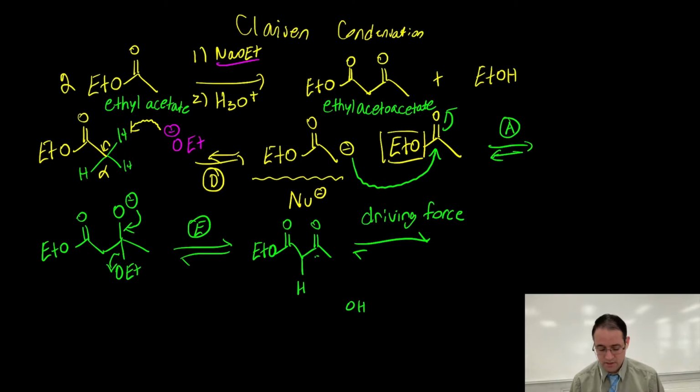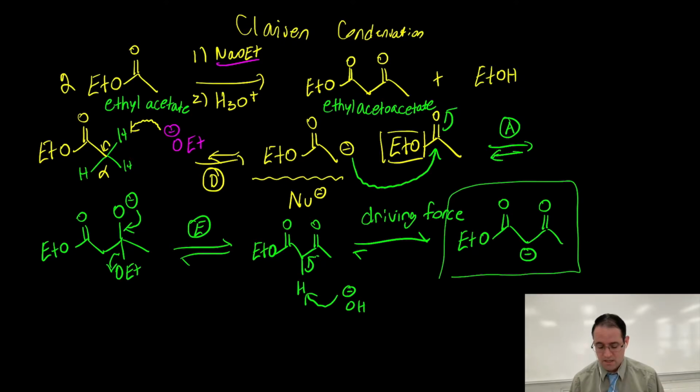Once the base comes in and sees this much more acidic hydrogen, it deprotonates, okay, to give you this guy here, okay? And this just is resonance stabilized. It's hanging out in the reaction and it just stays there, okay? So every time ethyl acetoacetate forms, the base deprotonates it, and you get this molecule in the box, okay? And it funnels off onto that direction, okay?